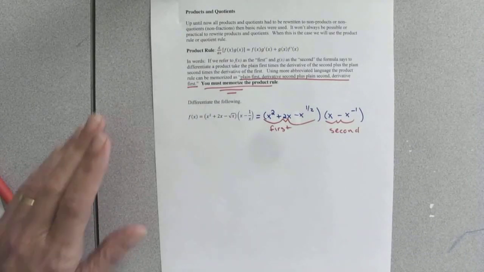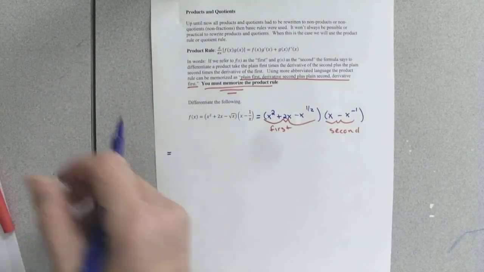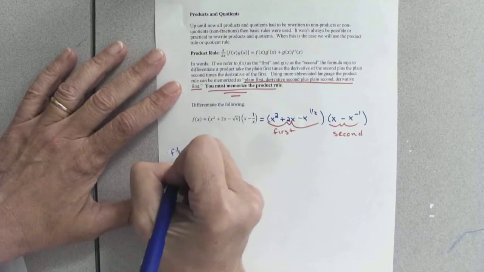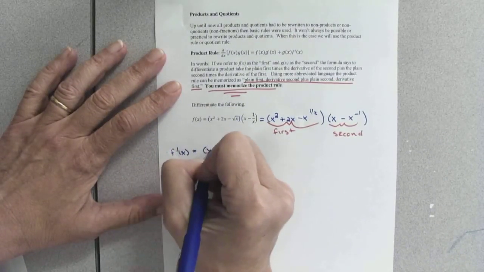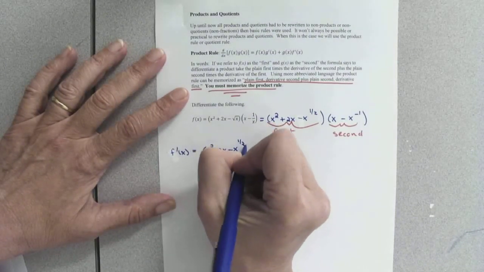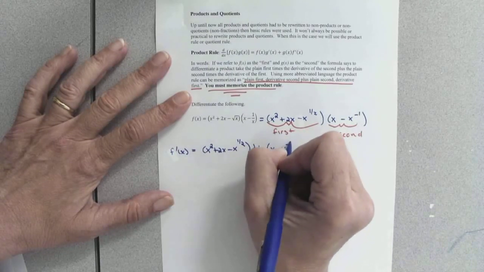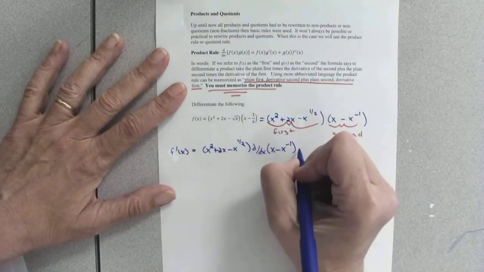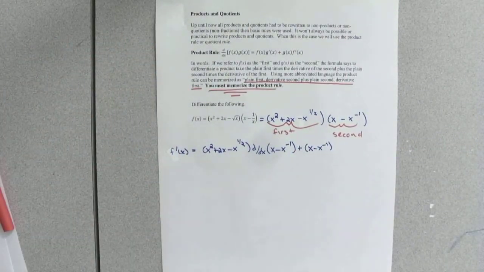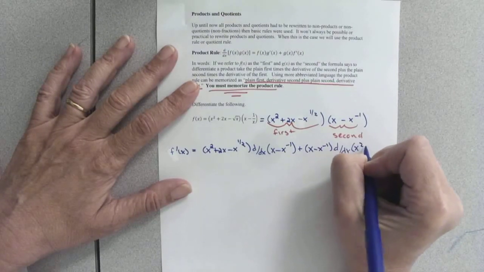First thing I'm going to do is just write out what the product rule says to do. So it says plain first. Just write down that first factor, but don't do anything to it. Derivative of the second, and I'm just going to do it in symbols for now. Plus plain second, derivative of the first, again in symbols.